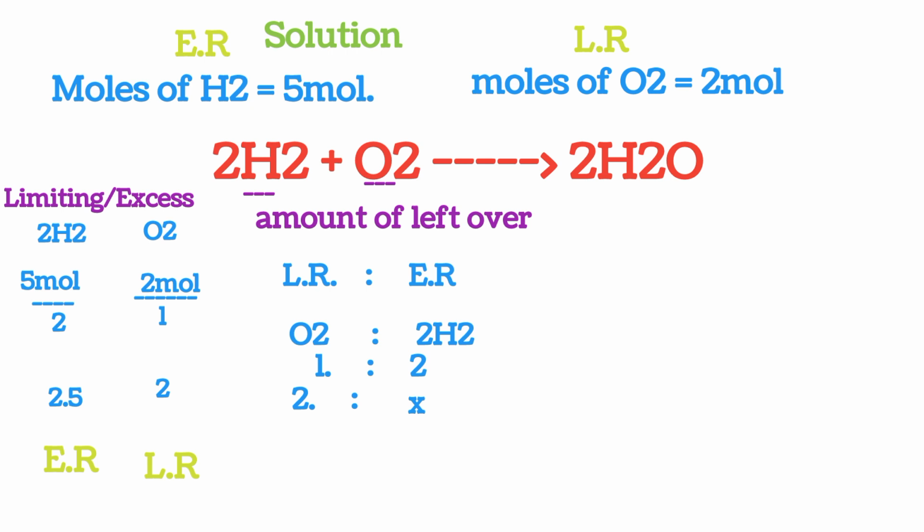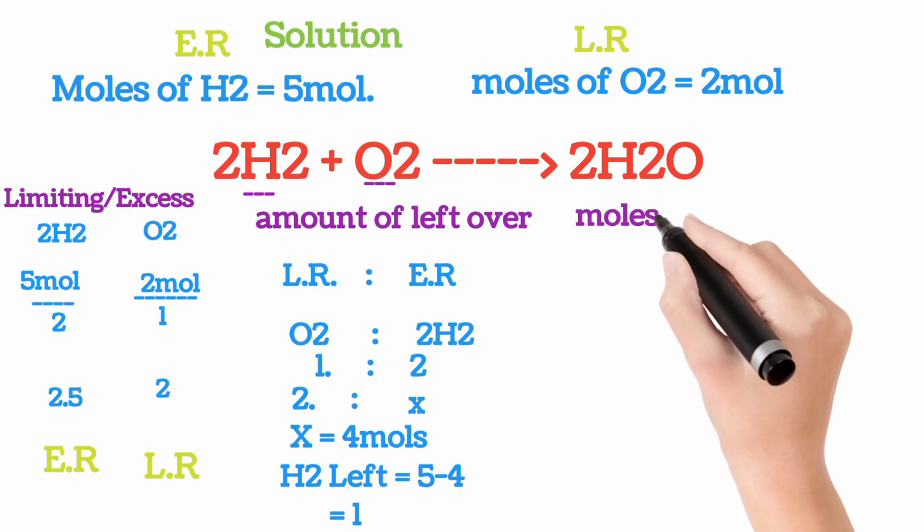So we have to find the number of moles of hydrogen that will be consumed. So you cross multiply, and you're going to get X equals 4 moles. So the amount of hydrogen left will be the number of moles of hydrogen given, which is 5, minus the number of moles used up in the reaction. That's going to be 5 minus 4, and it will be equal to 1. So the amount of leftover is 1.